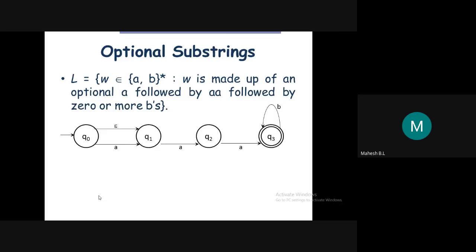The first one is optional A. That is, either you can have epsilon or A, followed by A, followed by 0 or more B's. So this is the example for NDFSM where you have an optional A at the beginning, followed by A, followed by 0 or more B's. I hope you understood this example.